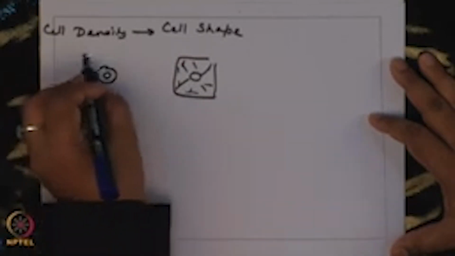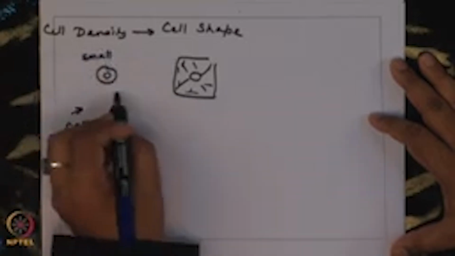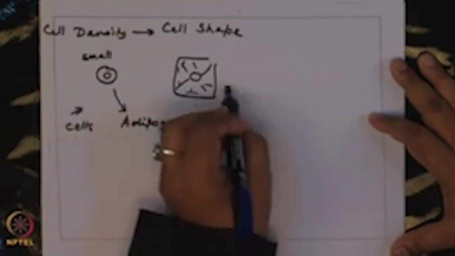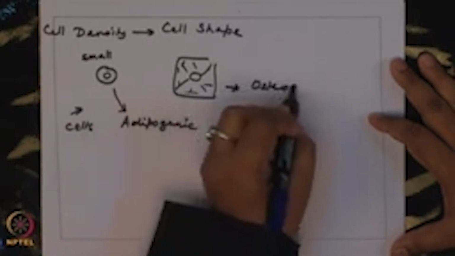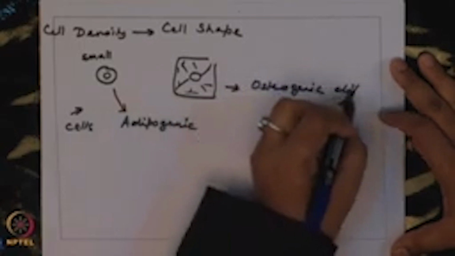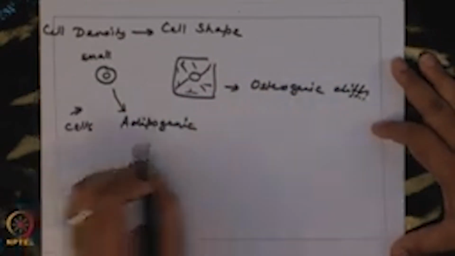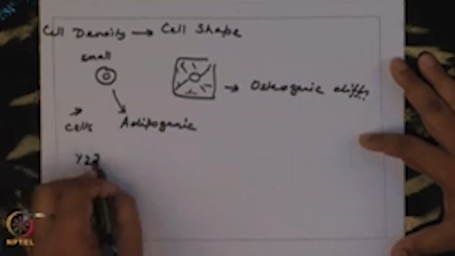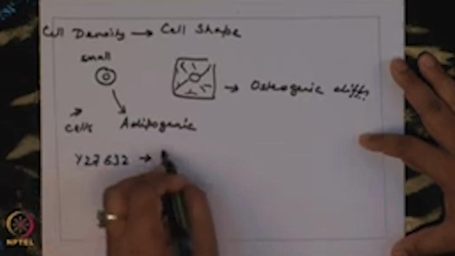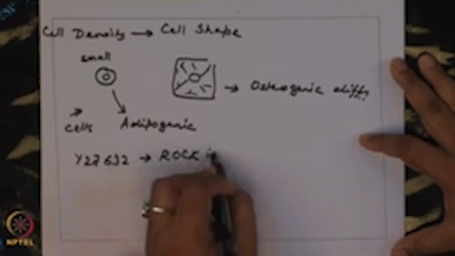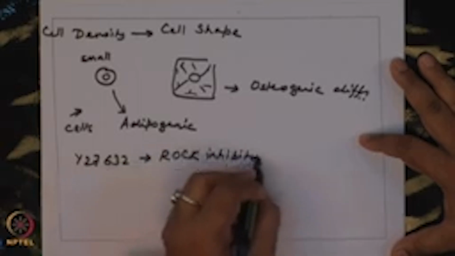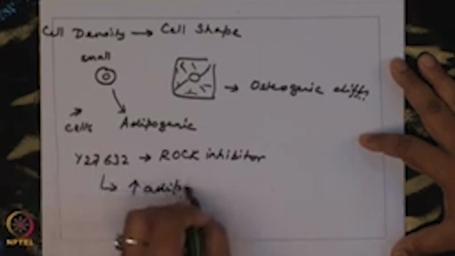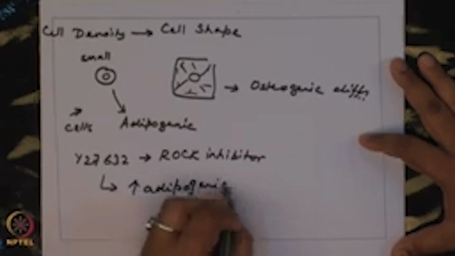When the island size was small, you had adipogenic differentiation, and on the large islands, osteogenic differentiation. On the bigger islands, if the cells were treated with Y27632, which is a Rho kinase inhibitor, they found an increase in adipogenic differentiation.